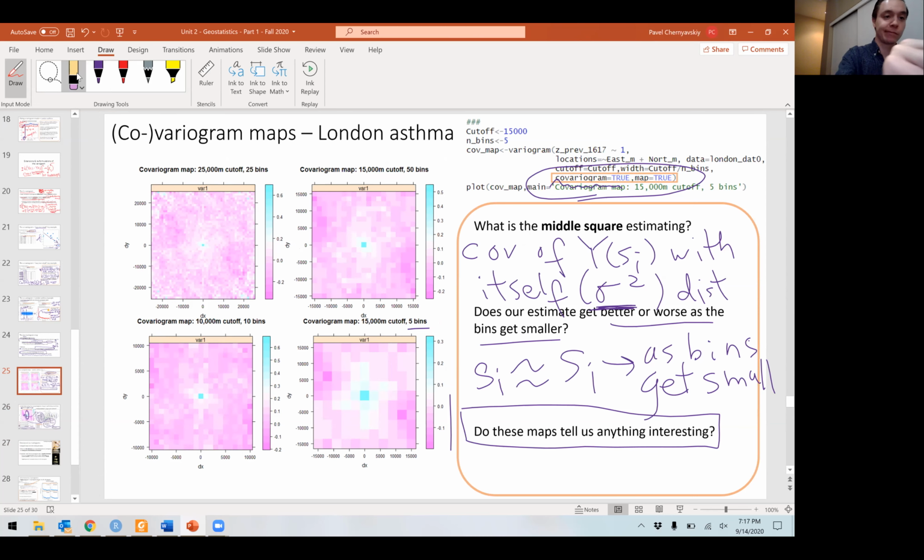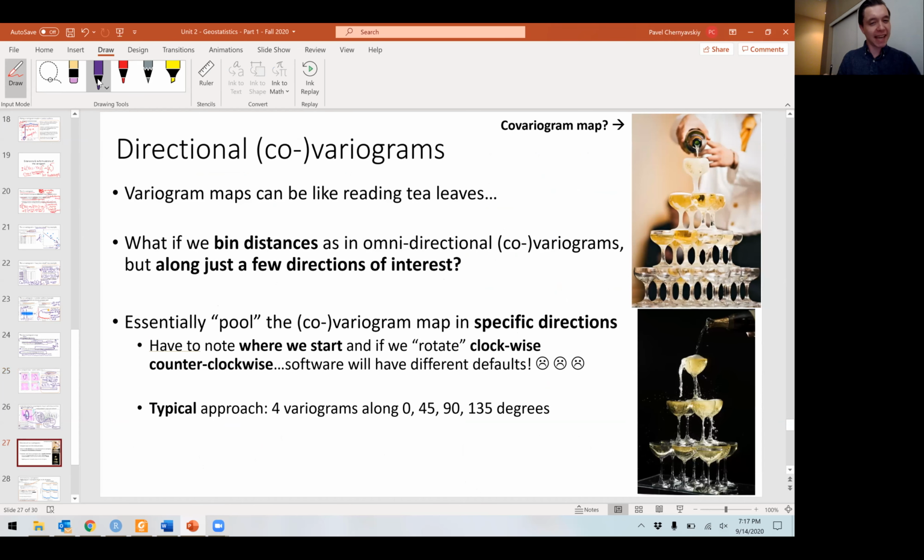Looking at this top left panel, is there anything going on there? I don't know. Maybe I'm seeing something elliptical. Maybe I'm not. Maybe I'm seeing something that looks like that there. Maybe I'm not. I'm not saying that I'm particularly good at reading these variogram maps, but that is really what these exploratory tools produce. They really can be like reading tea leaves.